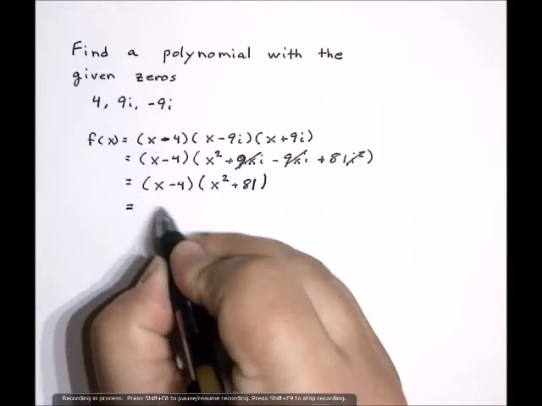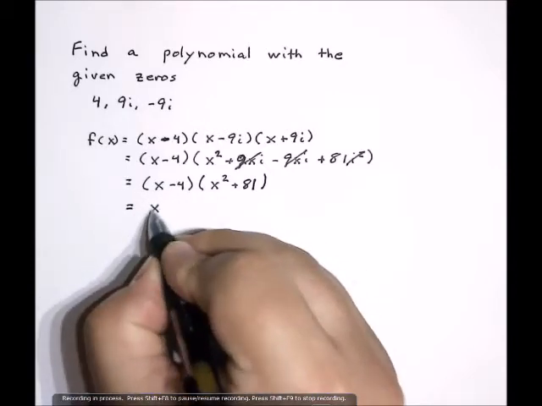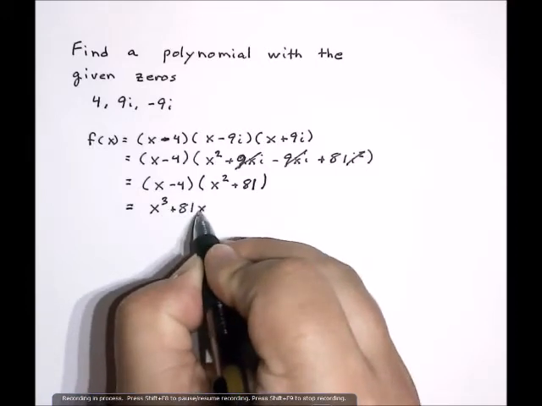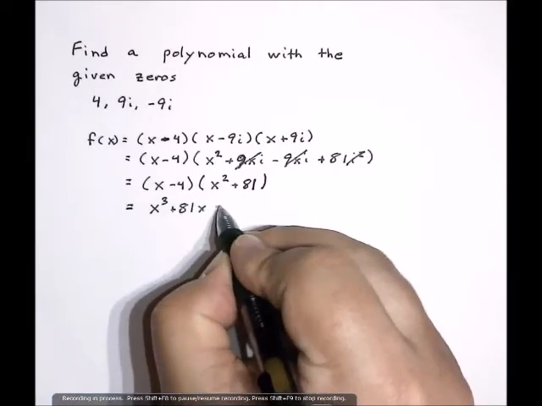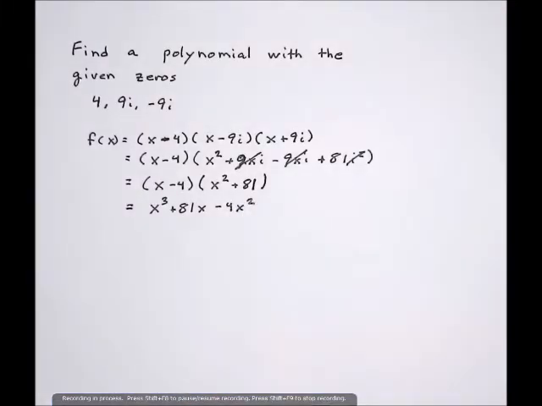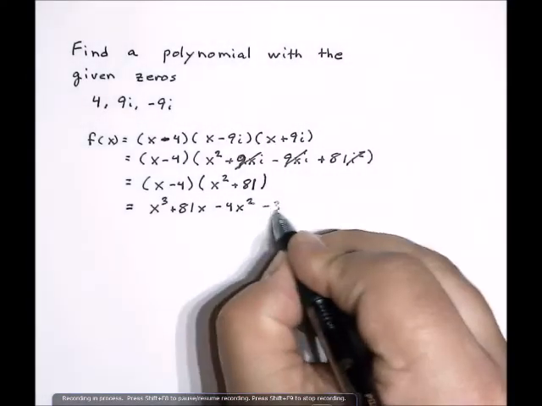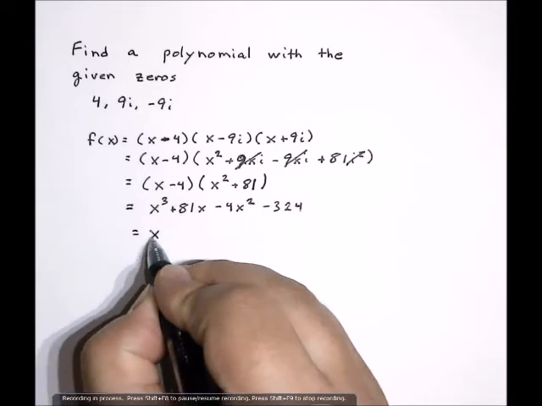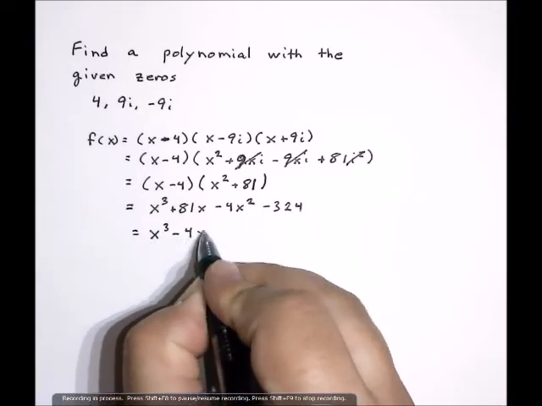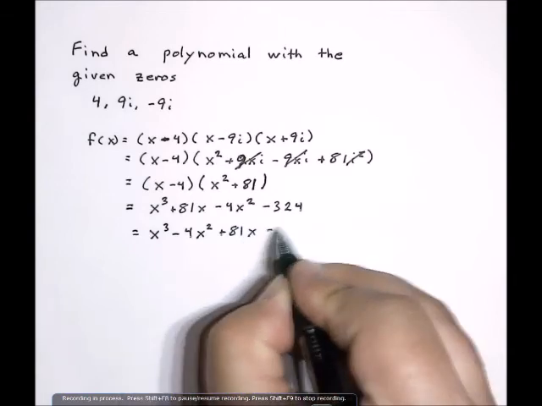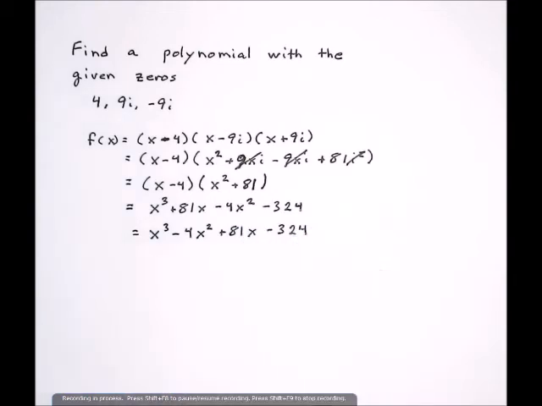So x times x squared, x times 81, negative 4 times x squared, and negative 4 times 81. Let's see what the calculator says on that. Negative 324. And let's just put that in order. And we're done.